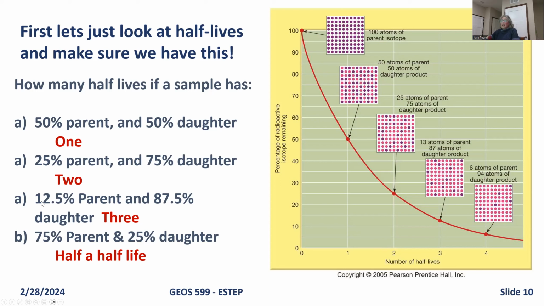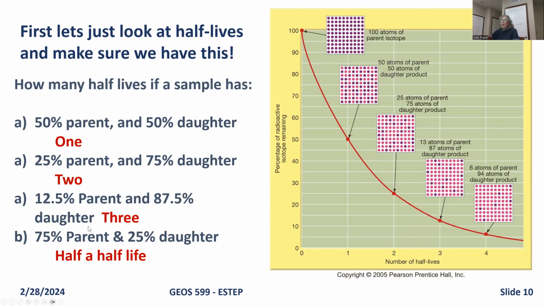If a sample has only 12.5% parent and 87.5% daughter, which is this spot right here, and they've rounded here, we're at 3 half-lives.